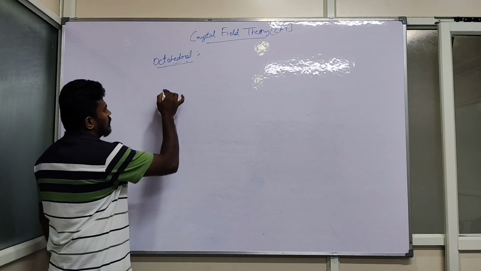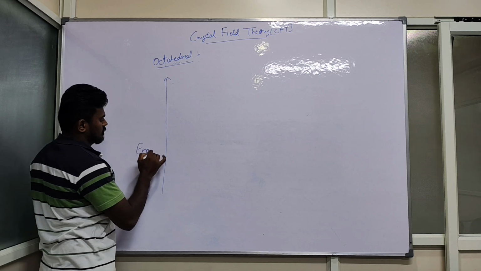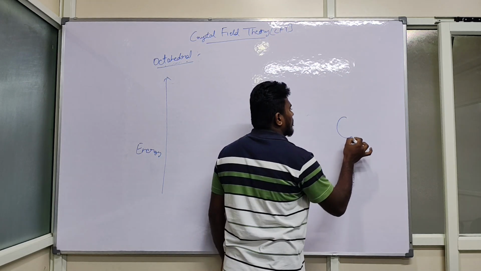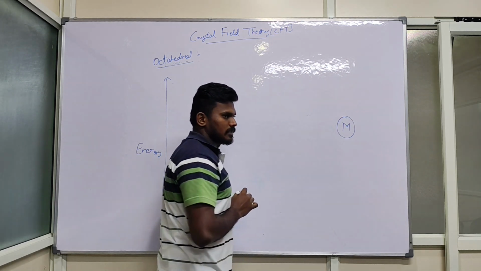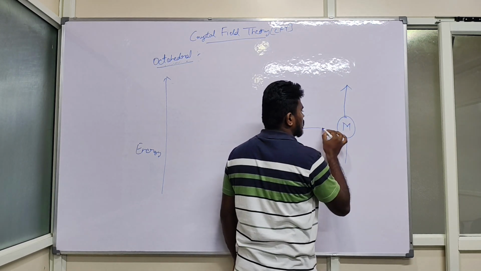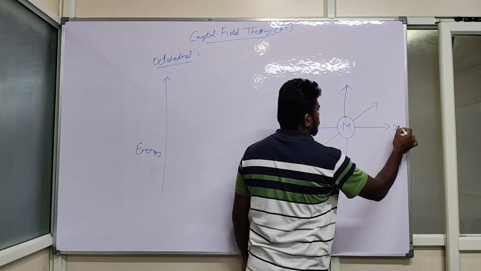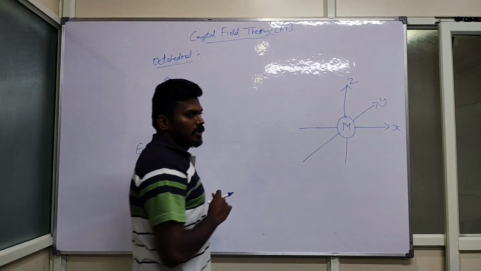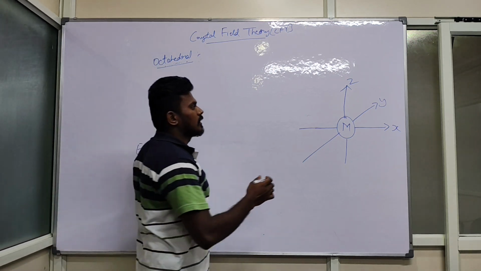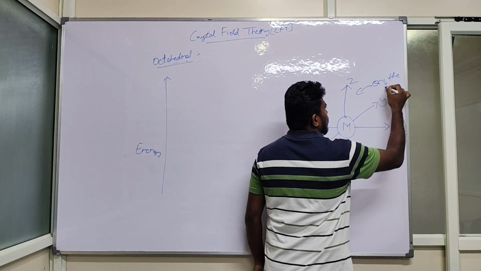So in the octahedral complex, what happens? A metal atom will be at the center and the ligands approach on the axis.